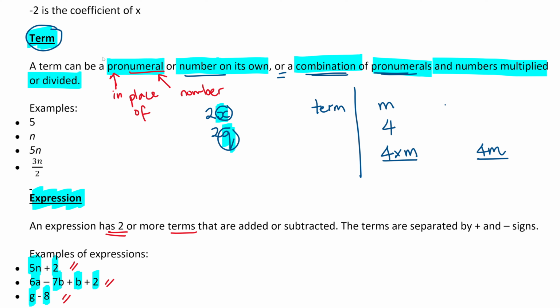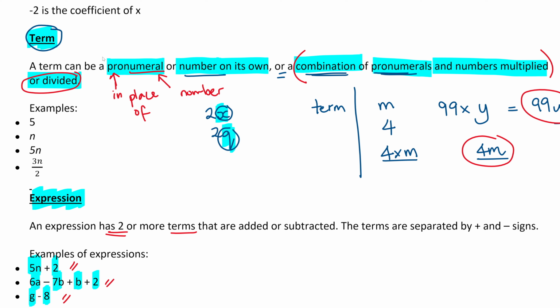If I write down 99 times, let's say y, that's just the same as 99 y's. So that's what this part means: a combination of pronumerals and numbers multiplied. That's a term right there.